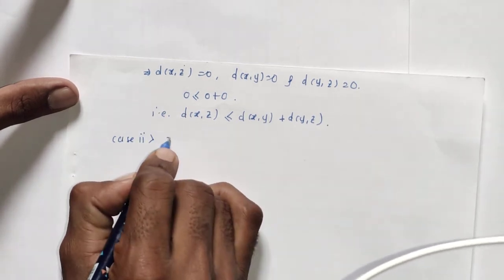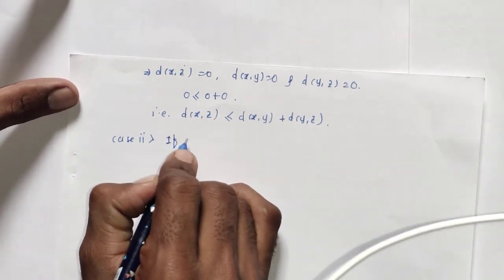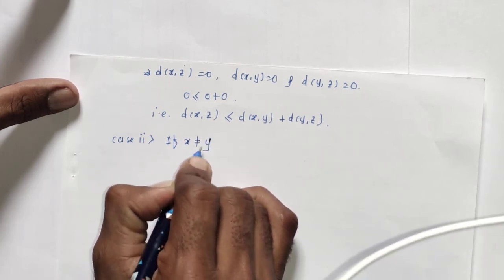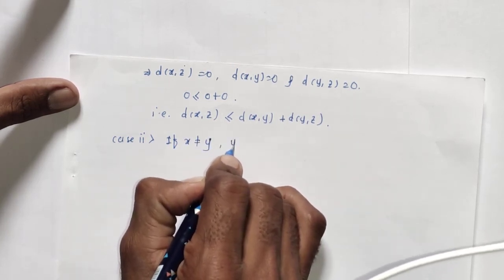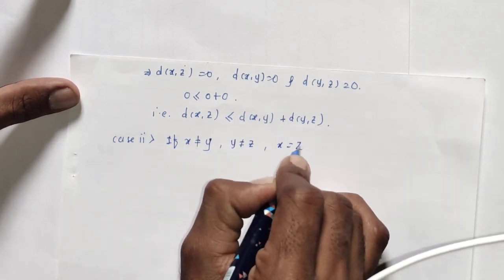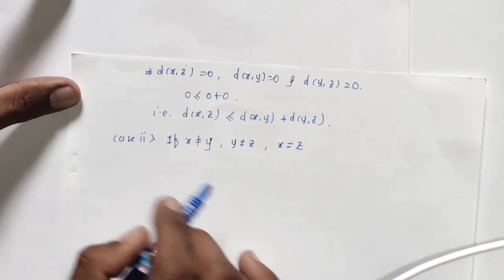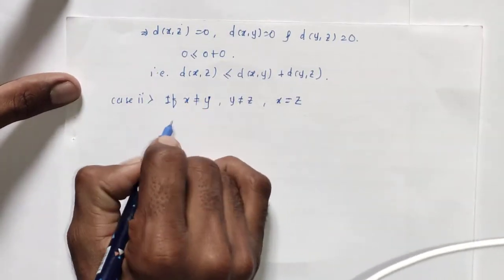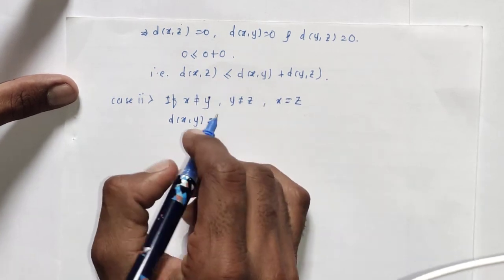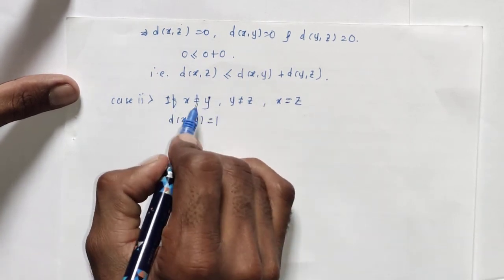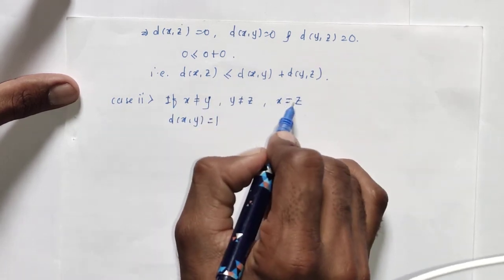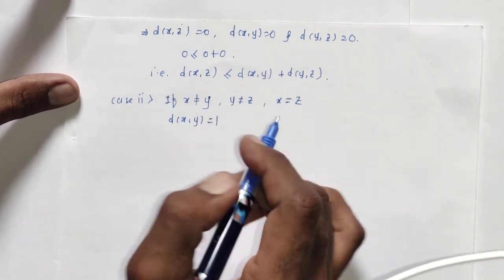Now in the second case, suppose x is not equal to y, y is not equal to z, and x is equal to z. Now if x is not equal to y, then distance of x and y is equal to 1, since our function d is defined as distance of xy is equal to 1 whenever x is not equal to y, and when x is equal to y, then distance of xy is equal to 0.